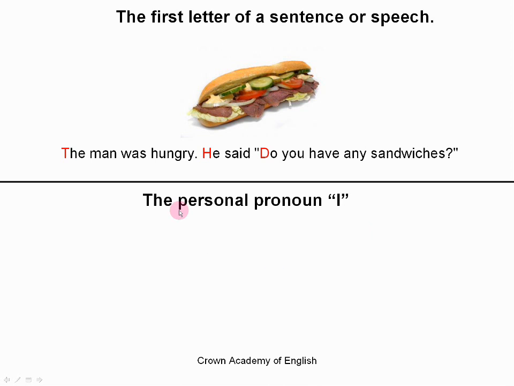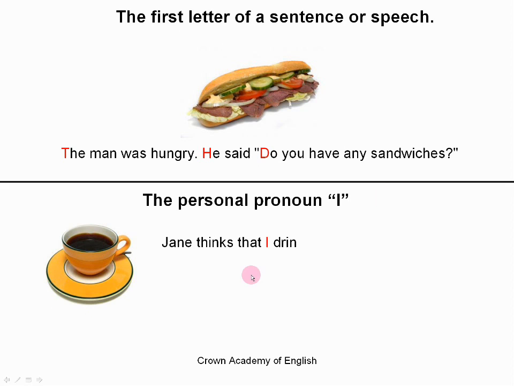The second rule is that we always write the personal pronoun I as a capital letter. This word, I, is never a small letter. That is very important. Example: Jane thinks that I drink too much coffee. So here is the word I, and as you can see, it is a capital letter.